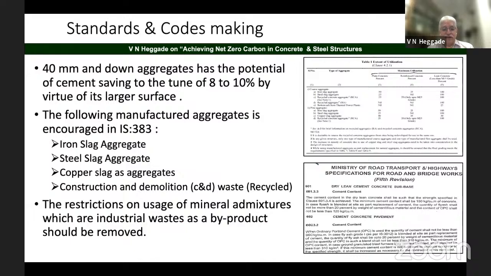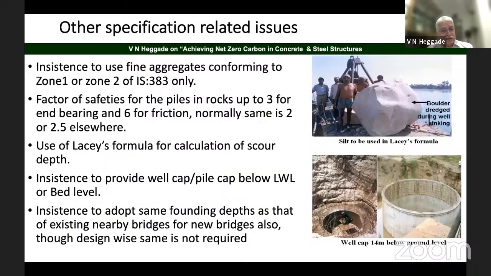All of us are aware now that fly ash as well as slag can be used very extensively as a replacement to OPC to reduce carbon dioxide. There are restrictions on using that, and those sort of restrictions on the amount of mineral admixture should go.